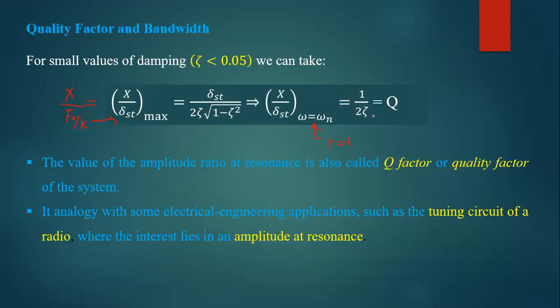Q over radical 2 means 1 over 2 zeta over radical 2. Okay, we can multiply this by radical 2 over radical 2, then finally we can get 2.